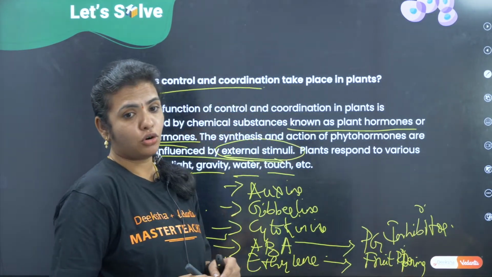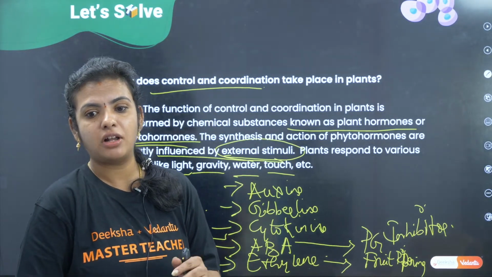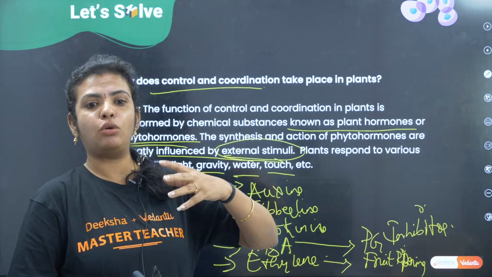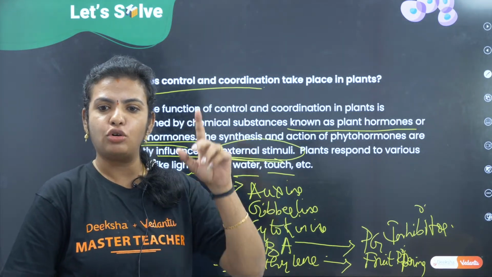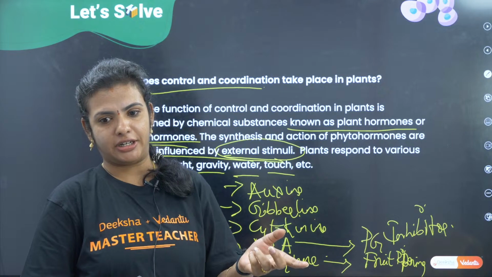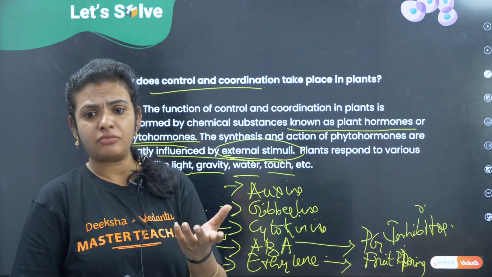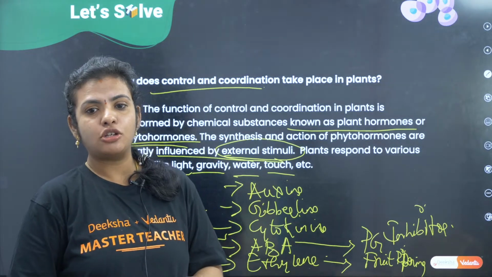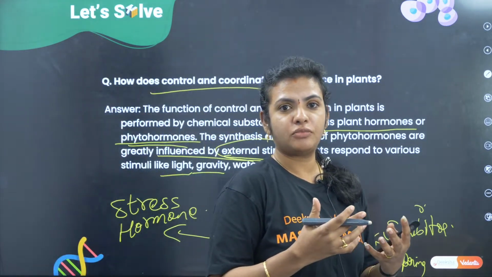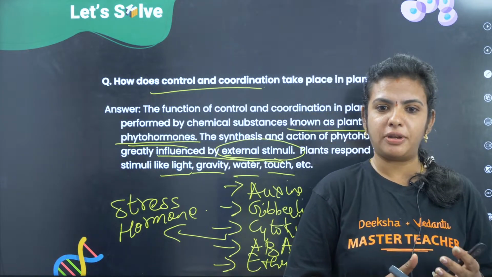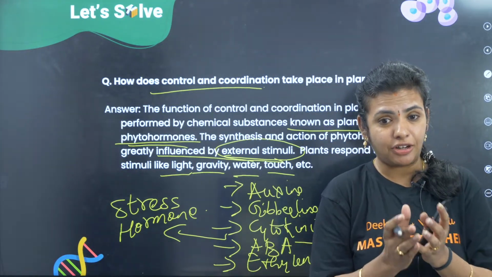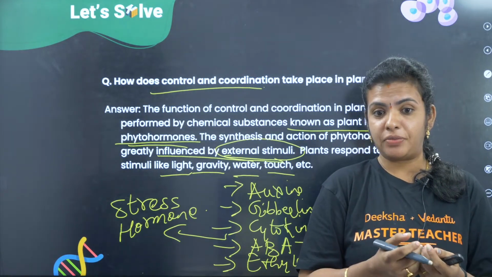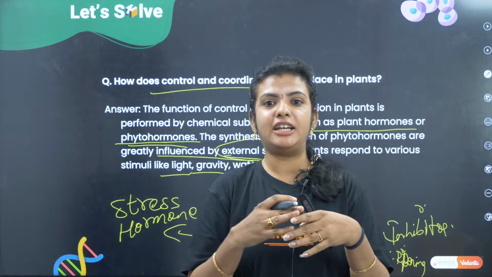So, if you want a fruit to ripen faster, let us say you have all tomatoes which are raw, and you want to ripen them in one day. All you have to do is just take some ethylene and spray over it. It becomes ripe within a few days instead of waiting for weeks together. So, most of the time, if you have observed, go to a fruit shop next time and see, outside the fruit looks very pulpy and very juicy, but when you cut the fruit inside, it's still raw.